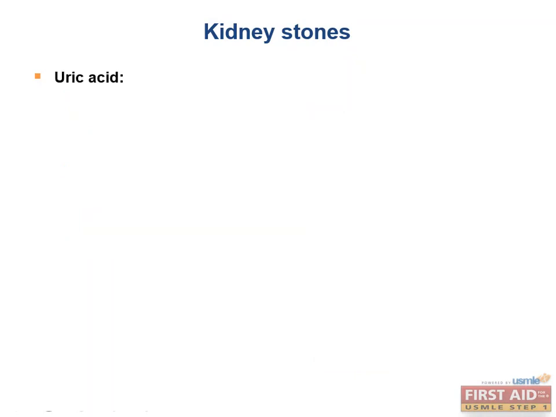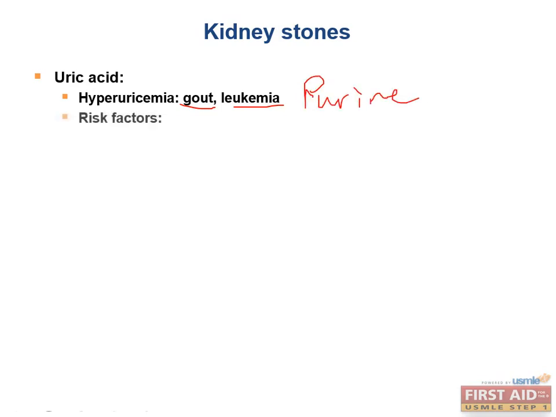Next is uric acid stones. These occur in conditions that increase uric acid excretion, such as gout or leukemia, where there's increased cell turnover and uric acid production due to purine metabolism. Now, risk factors for uric acid stones include anything that's going to decrease the urine volume, like dehydration, or make the urine more acidic, like an arid climate.